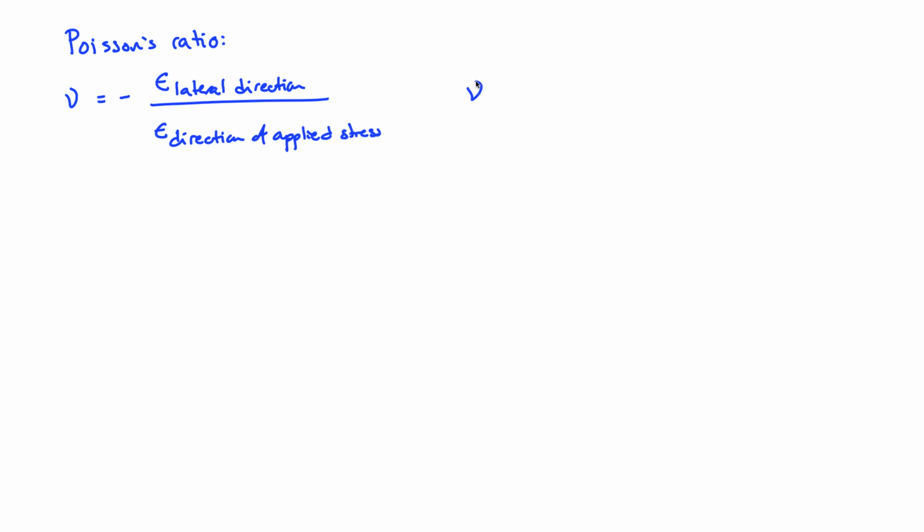So I could also write that the Poisson's ratio is equal to minus epsilon y over epsilon x, and it's also equal to minus epsilon z over epsilon x.